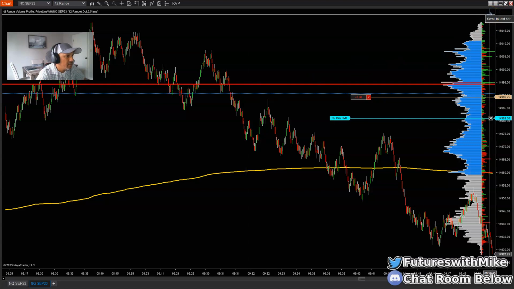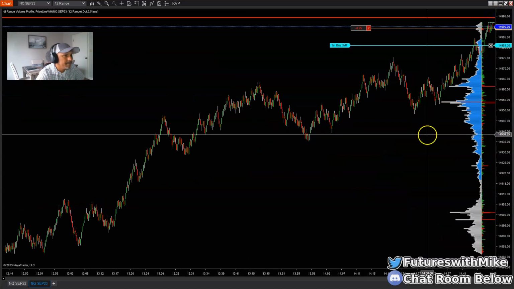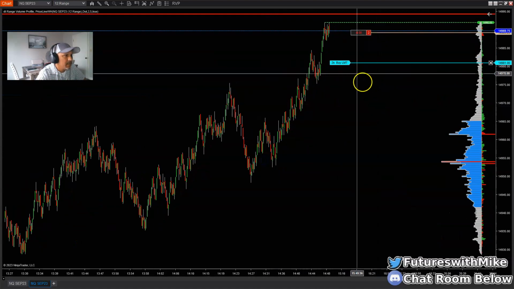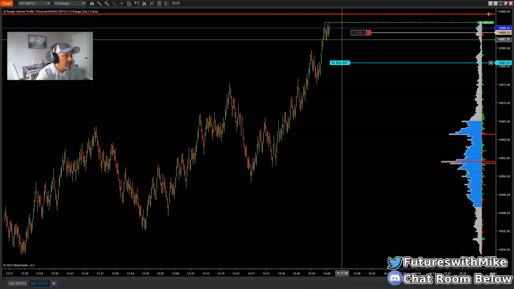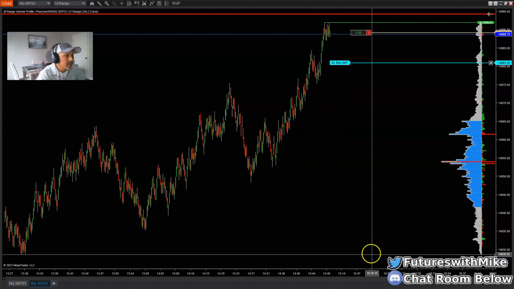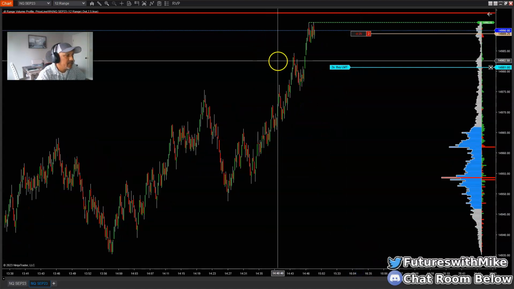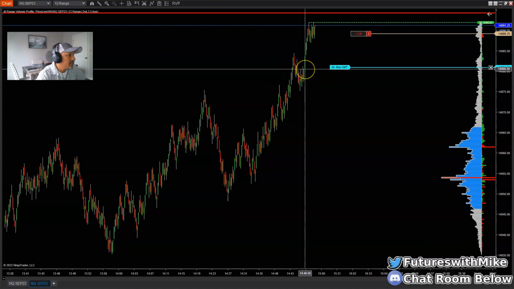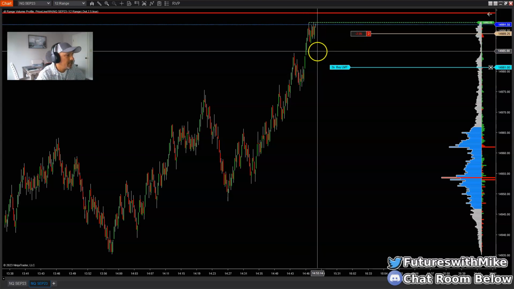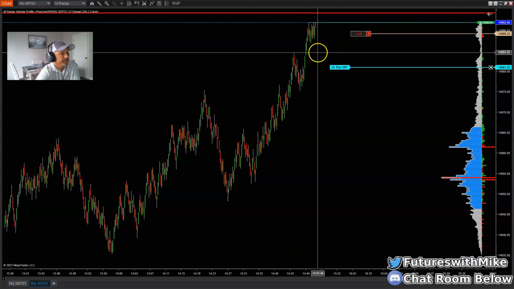But I'm in this trade early. Looking for some rejection here off the 12 range on the NQ. So this area here is a demand zone. Hopefully price will come down to this demand zone, but it could push higher here.